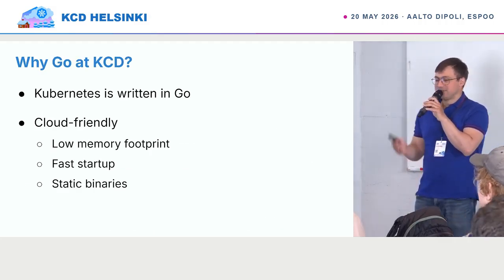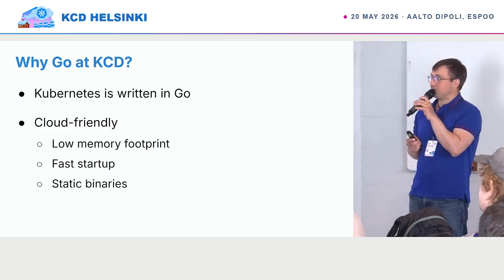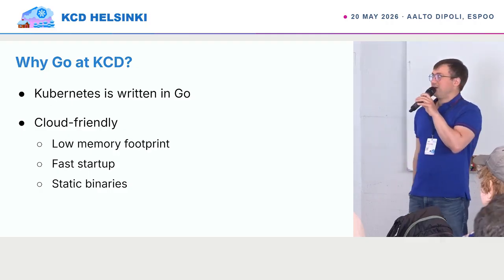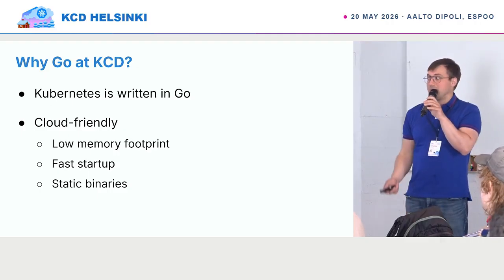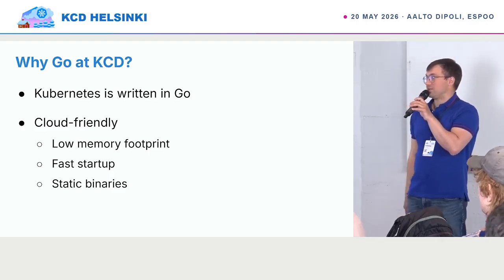And sqlc is a tool written in Go. Why are we talking about Go at KCD? Because Kubernetes itself is written in Go, and Go is very cloud friendly. It has a low memory footprint and fast startup. It produces static binaries.